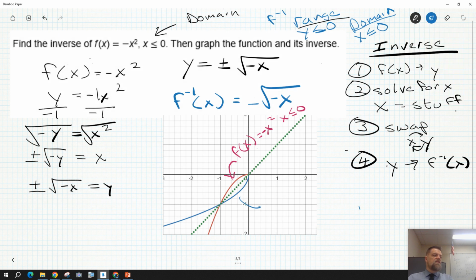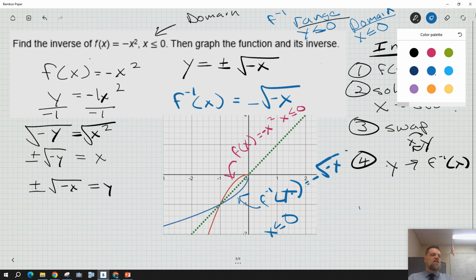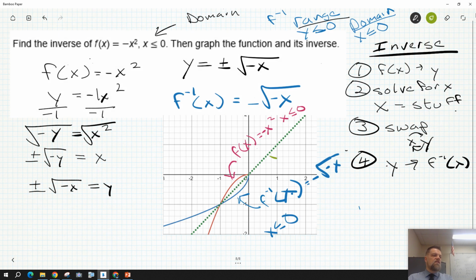This is f inverse of x equals, it's pretty bold, minus the square root of negative x with the domain restriction of x is less than or equal to 0. And then lastly, this right here is my diagonal line, y equals x.